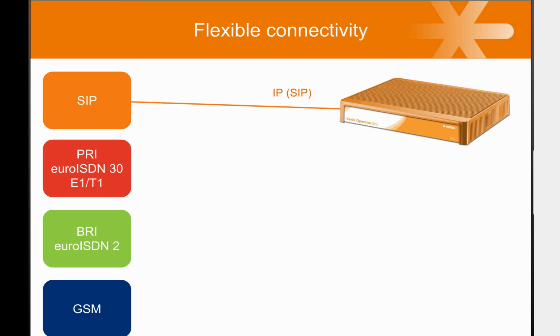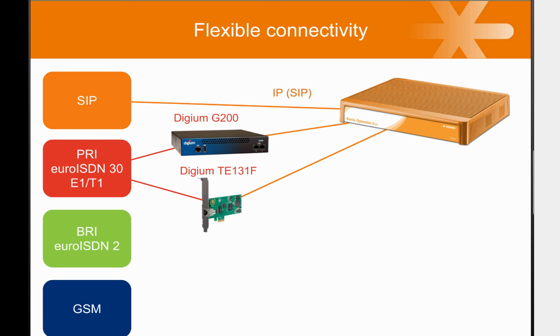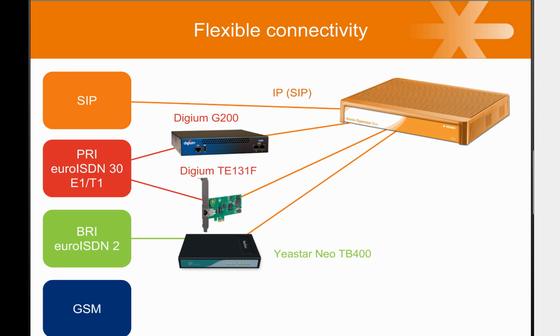You can set up some fallback or some rules, for example, that your sales department should always use some other lines. So you can also use ISDN with an external box, or when you have our big box, you can have an internal ISDN card. This is available not only for the PRI, it's also available for BRI, which is the Euro ISDN 2.